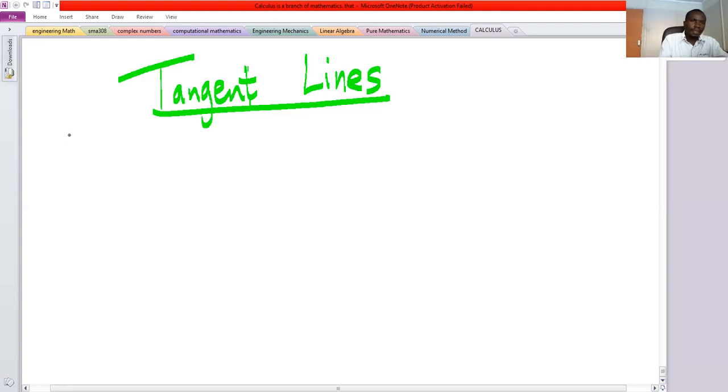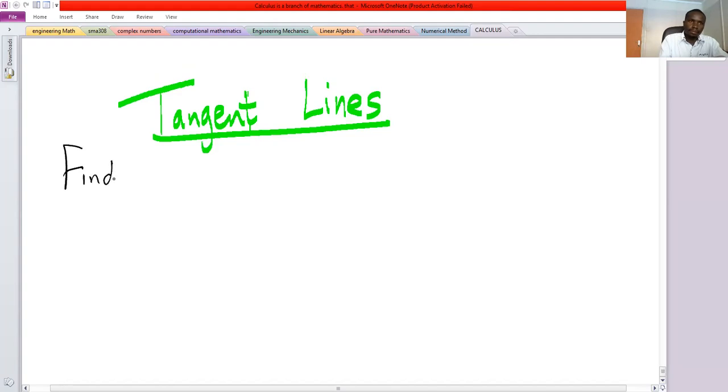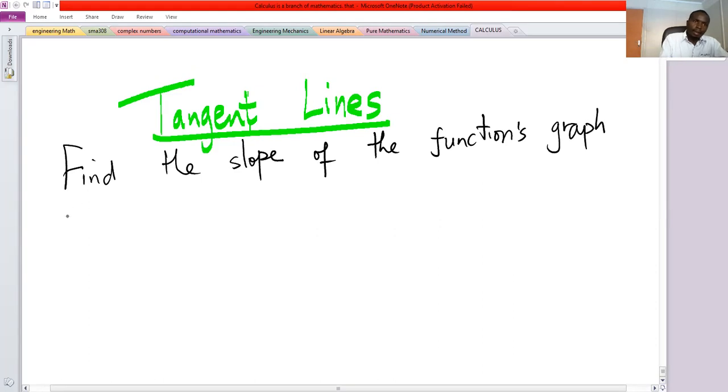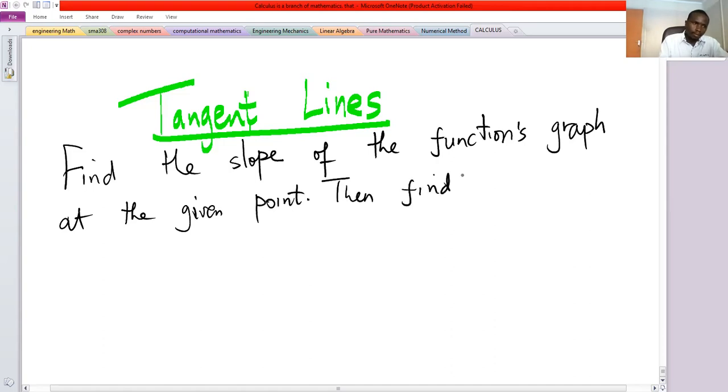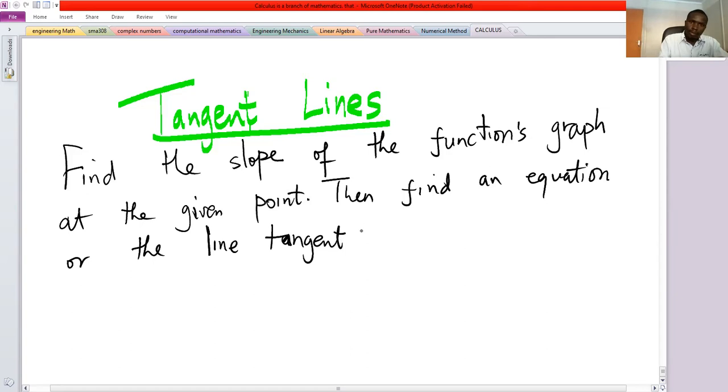So the problem is: find the slope of the functions at the given point, then find an equation for the line tangent to the graph at those specified points.